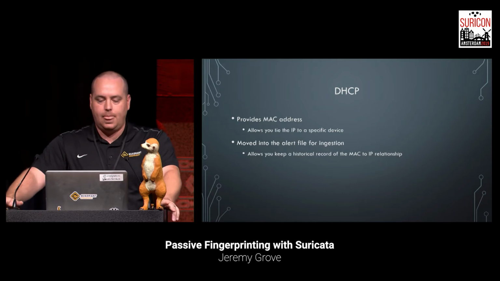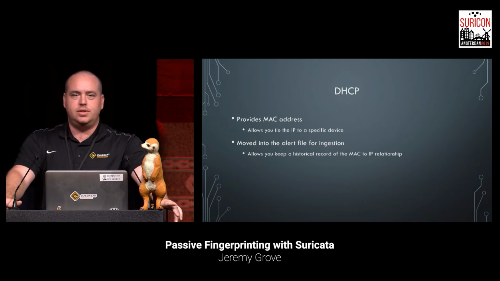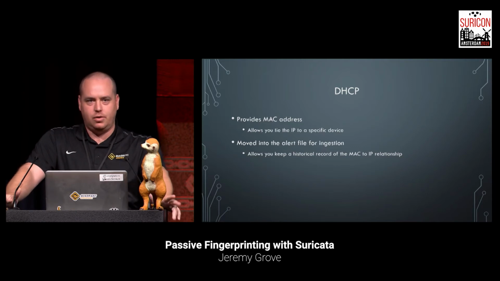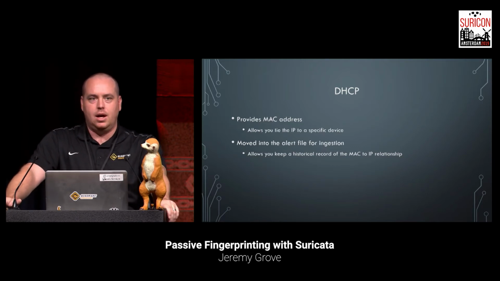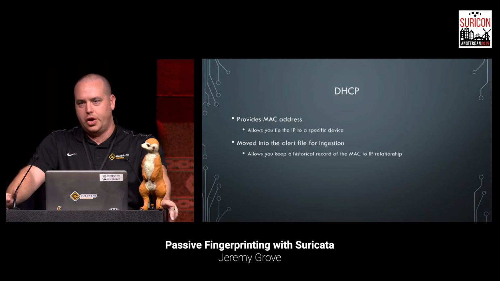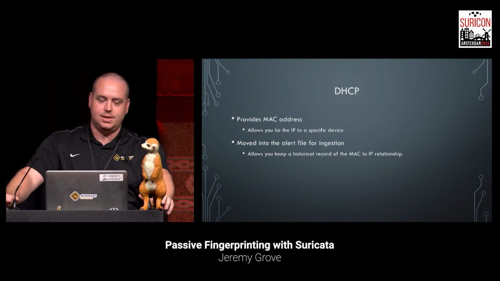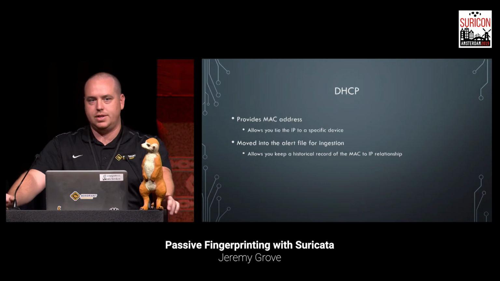So in addition to the signatures that we're writing in order to grab all the information that we can, Suricata will log any DHCP information that it has. So we go ahead and ingest the DHCP logs as well. And what this does is allow us to provide the MAC address to the IP.